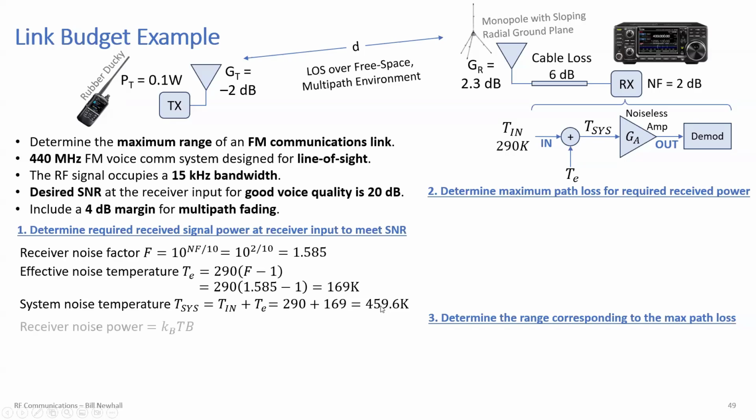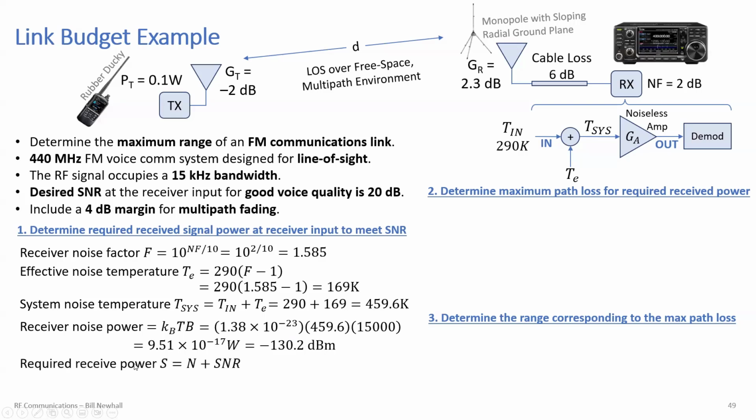Okay. So let's do that. We have the bandwidth. So let's calculate receiver noise power. Boltzmann's constant times the system noise temperature times 15 kilohertz. And so that's minus 130.2 dBm receiver noise power.